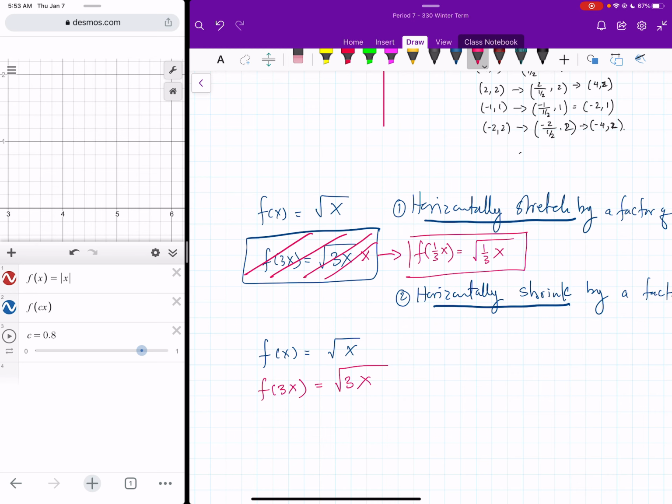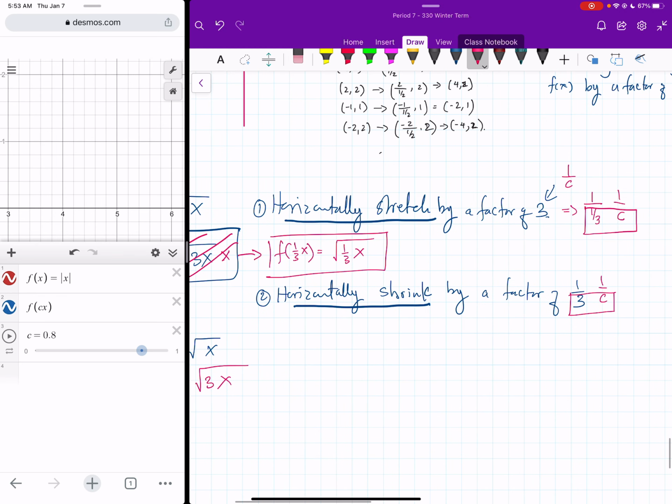So you have to be careful with horizontal stretch and shrink when it's described to you. If it's a stretch, you need to look at that factor and ask, how does that represent 1 over C? So that you can get that fraction between 0 and 1 to put into your function.